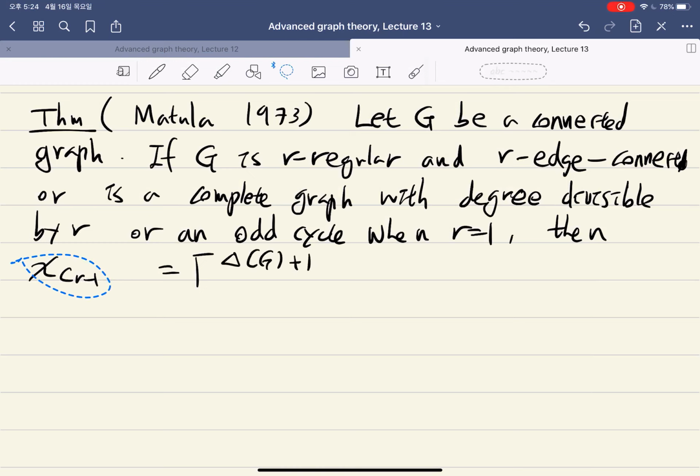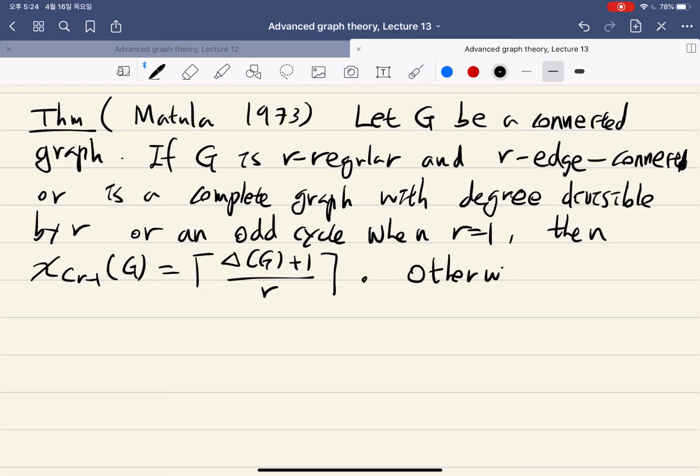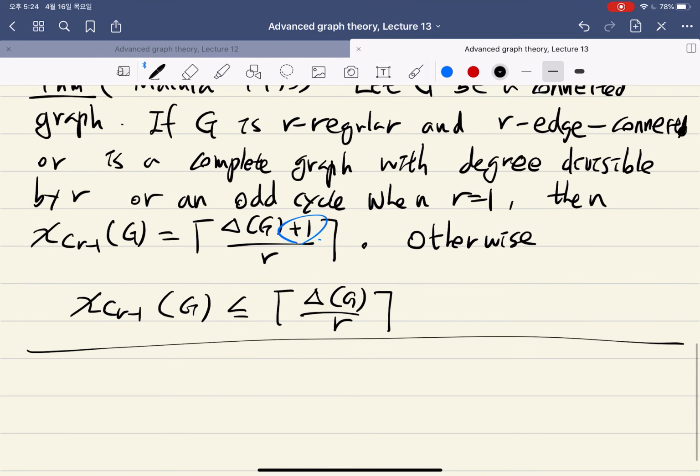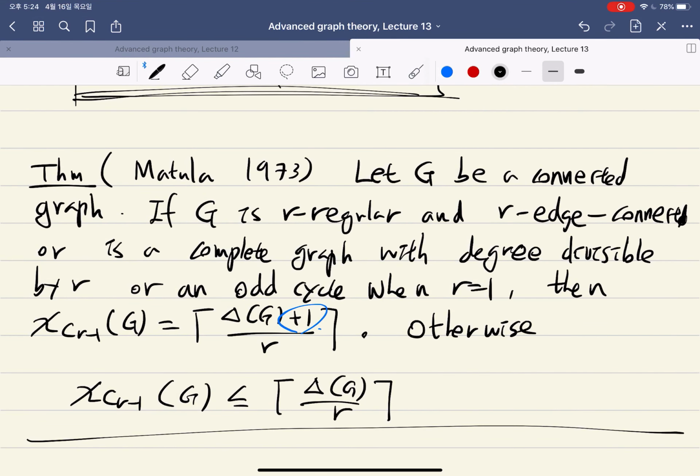the graph's C sub R minus 1 chromatic number is the same as its maximum degree plus 1 over R. And in all other cases, the C sub R minus 1 chromatic number is at most the ceiling of delta of G over R. So we can forget this one. So this is a generalization of Brooks theorem.